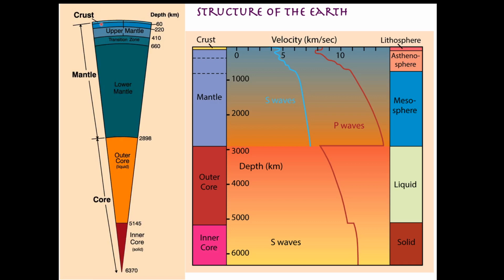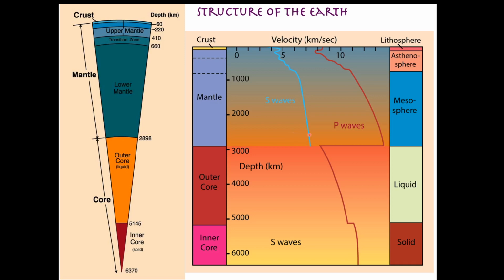There is a distinct composition difference between the crust, mantle, outer core, and inner core, where within the mantle you can have an upper mantle and a lower mantle with a transition zone in between. From the rheological point of view, it can be divided into the lithosphere, which is the outer rigid part of the earth, then the asthenosphere, mesosphere, and then the outer core, which is liquid, and the inner core, which is solid.